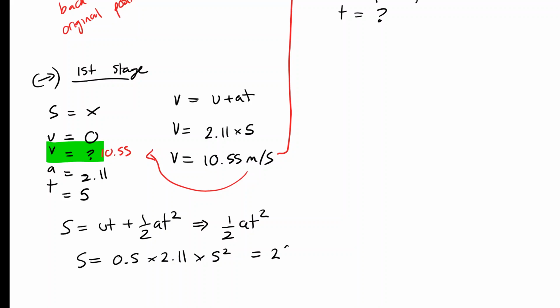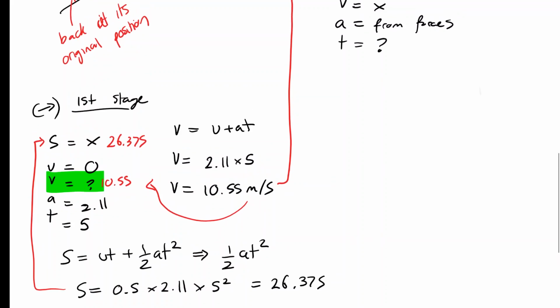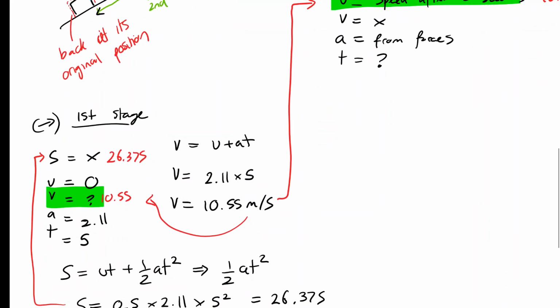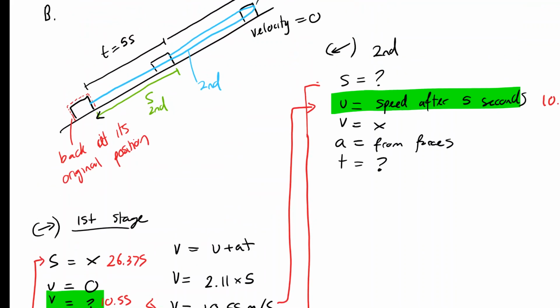That is a displacement of 26.375. So we can update that, that's 26.375. If you keep updating the SUVAT, it's much easier than constantly trying to hunt for the information wherever it happened to be written. And again, this can be put in here.